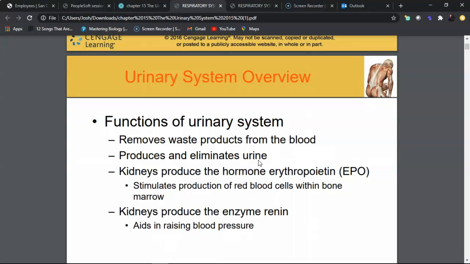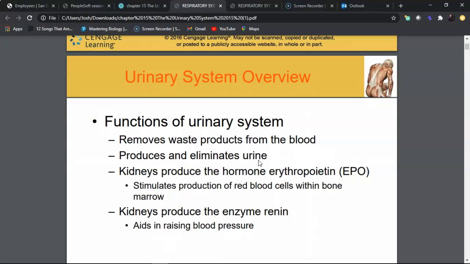Essentially the kidneys secrete it, and when they sense that there's anemia or a lack of red blood cells within the system, this hormone will be released, and that will stimulate the red bone marrow within the bone to make more red blood cells.